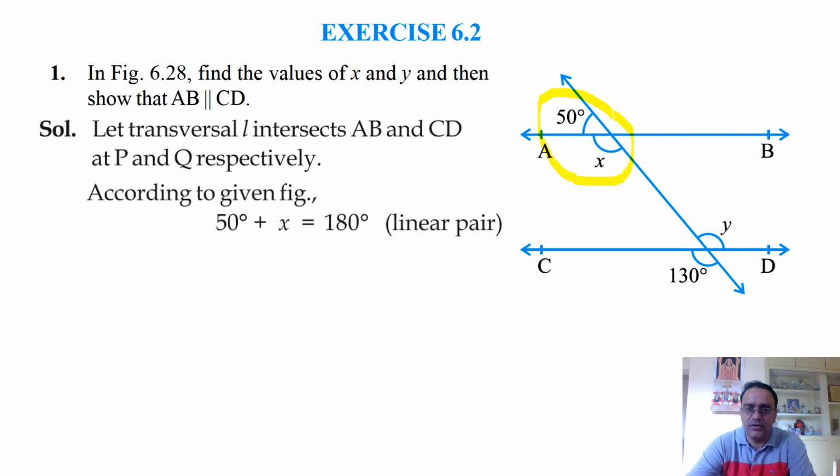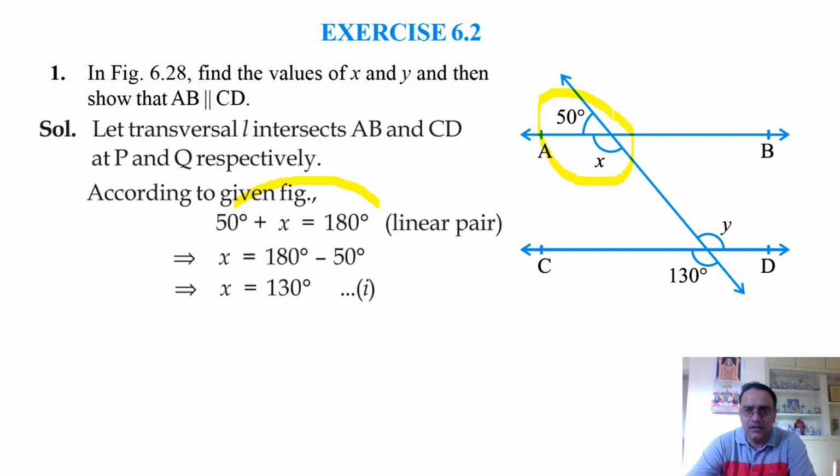So according to the given figure, angle 50 degree plus x is equal to 180 degree, linear pair. So we'll shift 50 to this side, so it will become minus 50. So we'll get the value of x as 180 minus 50 degree, that is 130 degree. So let it be equation number 1.